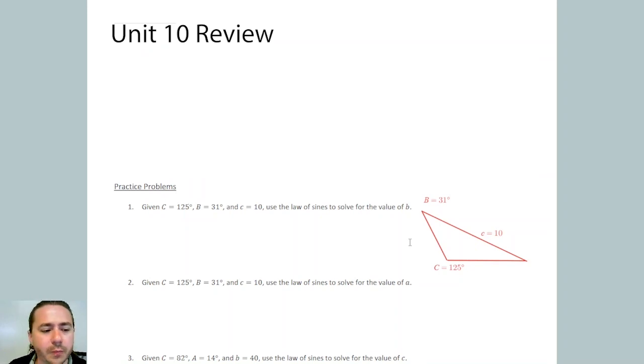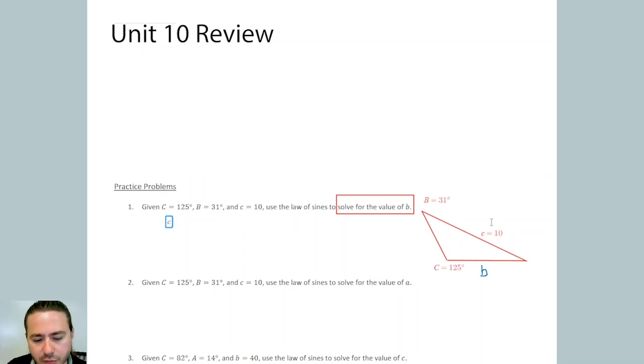Like in this question, it's only asking you to solve for B, okay? So side B is this one right here, right? So you don't need to get angle A, side A, or any of that. This is just a direct application of the law of sines.